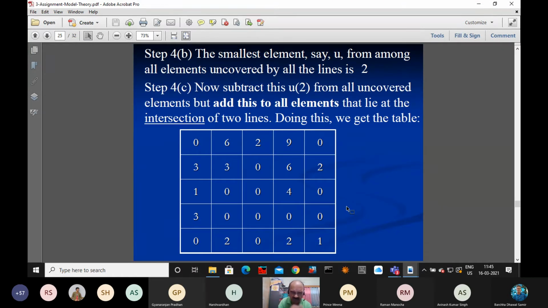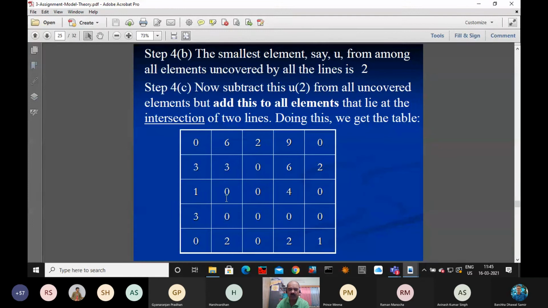As you observe, in the first row there are 2 zeros, so we cannot assign. In the second row there is 1 zero. You assign and cross out all the zeros in the same column. Done. The second row is done.